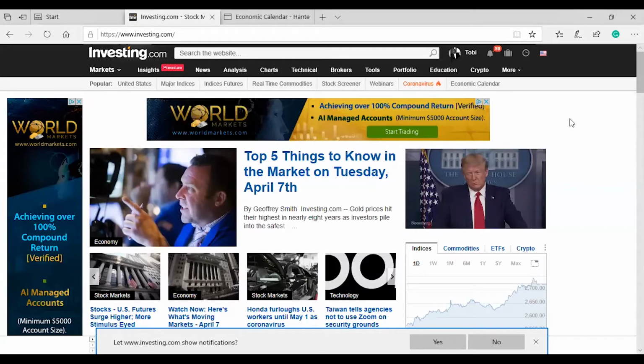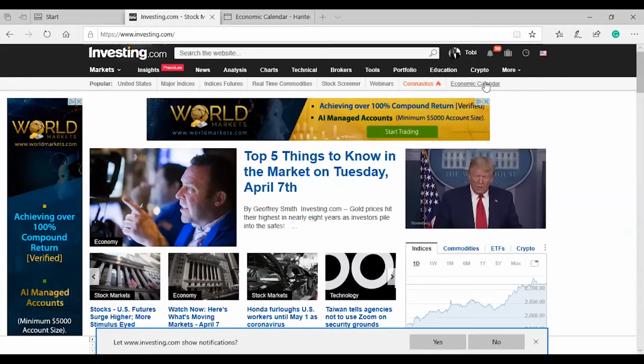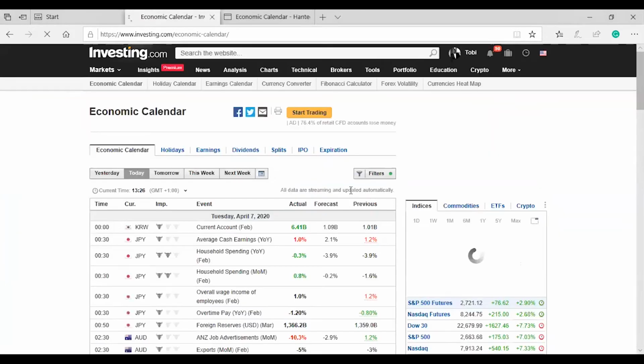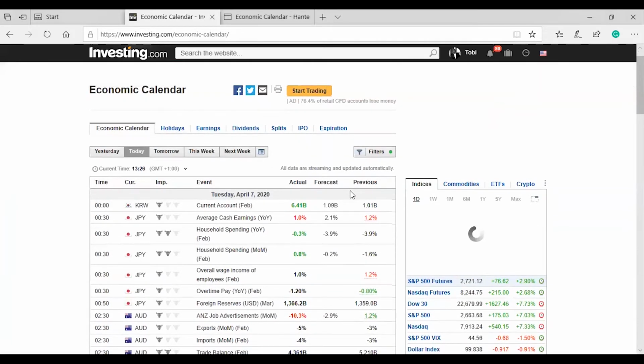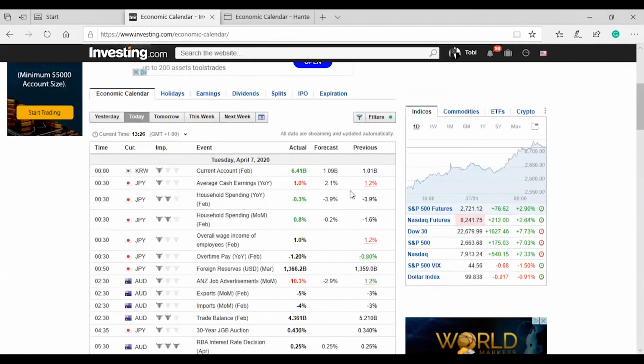Investing.com, I've been using this website for almost 7 years now. Very good because it gives us a lot of information on what is happening in the world globally. You understand? So I use the economic, you can see I've already signed in, Toby, and then I'll click economic calendar. And again, very similar to how the one on Hantec works.